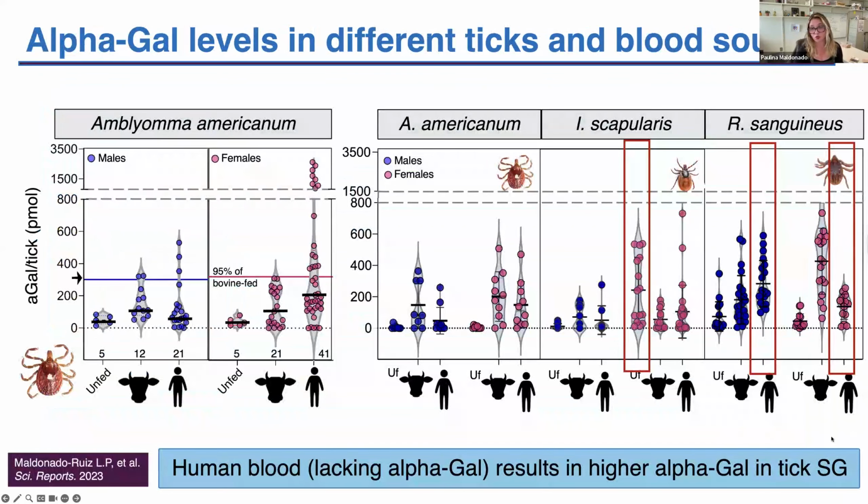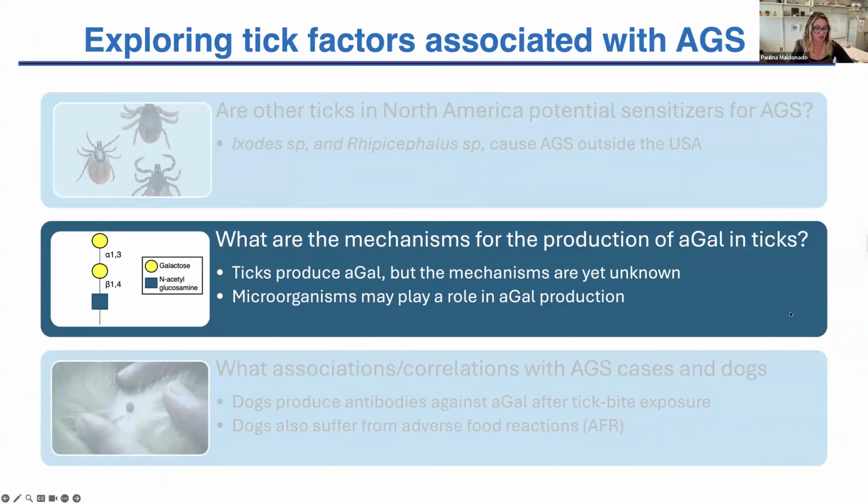Now, I just wanted to point out here that we want to look further into this. We're collecting more data, but we do want to look a little bit further into the mechanisms using Rhipicephalus sanguineus to try to figure out what the mechanism of alpha-gal production is.